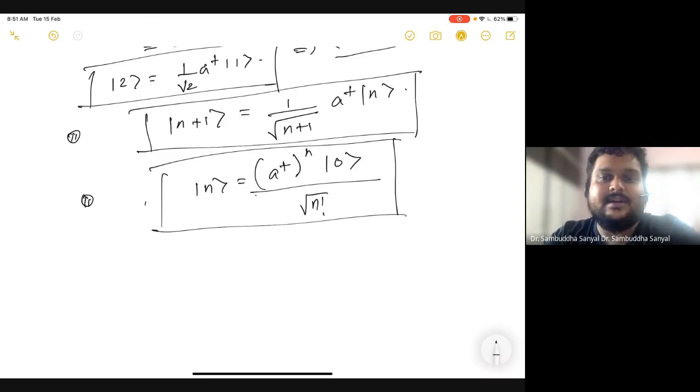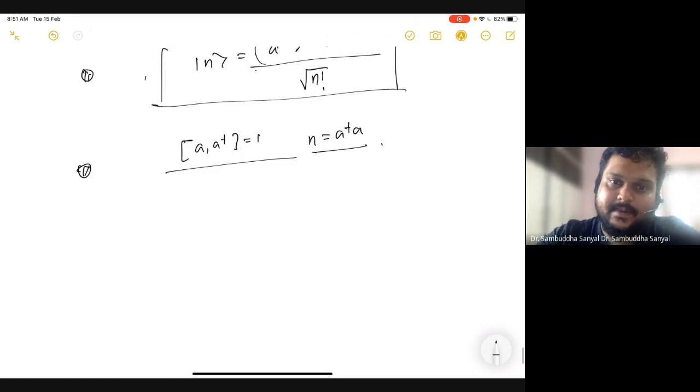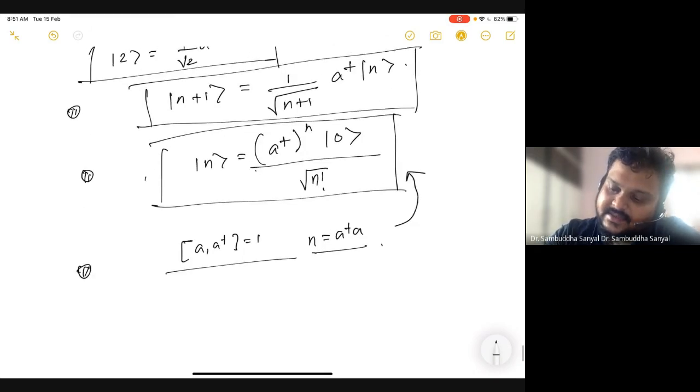So what does this whole exercise tell me? It led me towards what we have seen earlier; it's nothing new. If I have a pair of operators which satisfy this, where the number operator is this, you can go from the 0th state to the higher states by this, where 0 is nothing but the 0 eigenvalue state of the n operator.